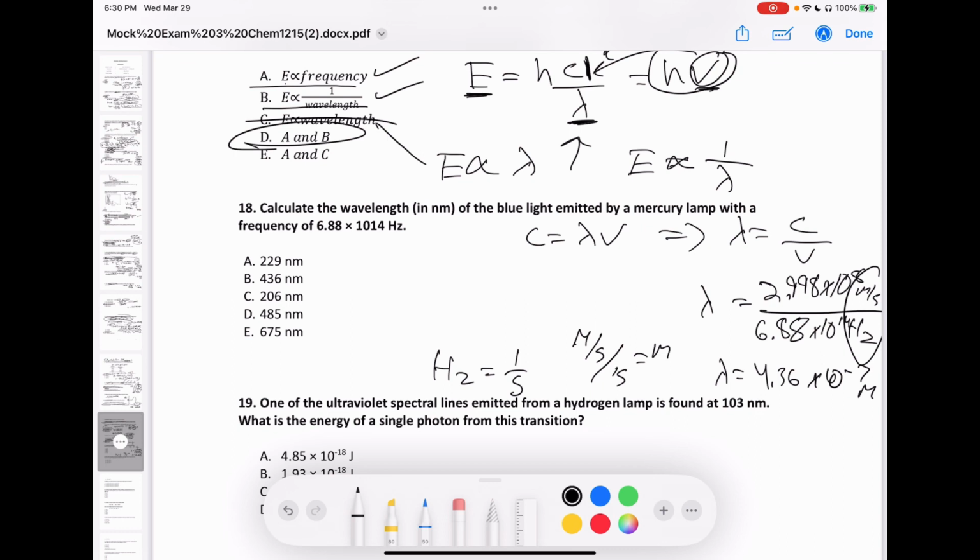The question is asking for nanometers. Honestly, you could just look at the answer choices right now and see that B is going to be right. But if you want to know how to convert from meters to nanometers, we have our given 4.36 times 10 to the negative 7th meters, and we want to cancel out those meters, so 1 meter is times 10 to the negative 9th.